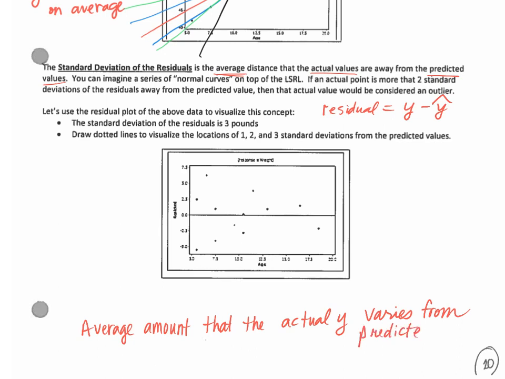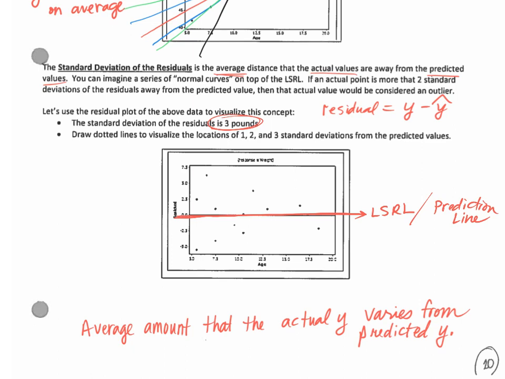And what's really interesting is we have also that normal model component. So look at this particular example. This right here is a residual plot. So this line here is the least squares regression line, or the prediction line of best fit. And so we have a standard deviation of this problem that is 3 pounds.